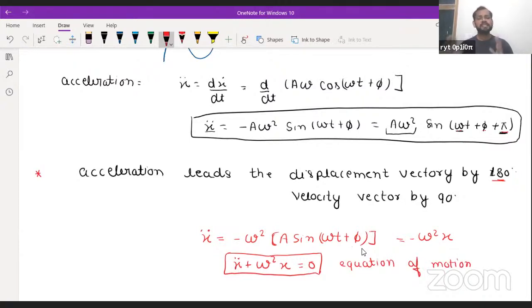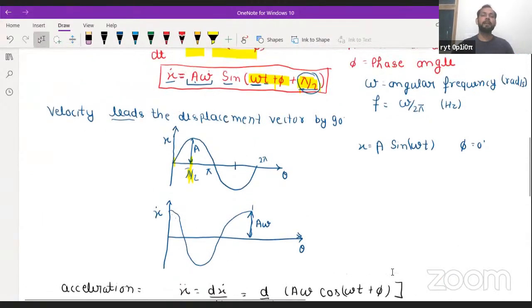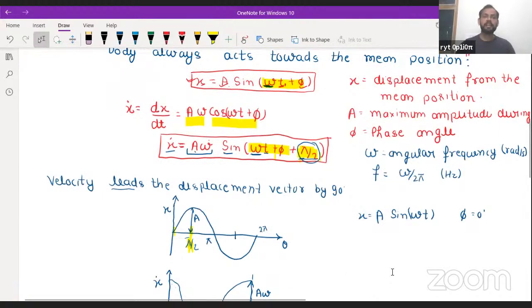If at any time you get an equation in these terms, then that body is performing simple harmonic motion.